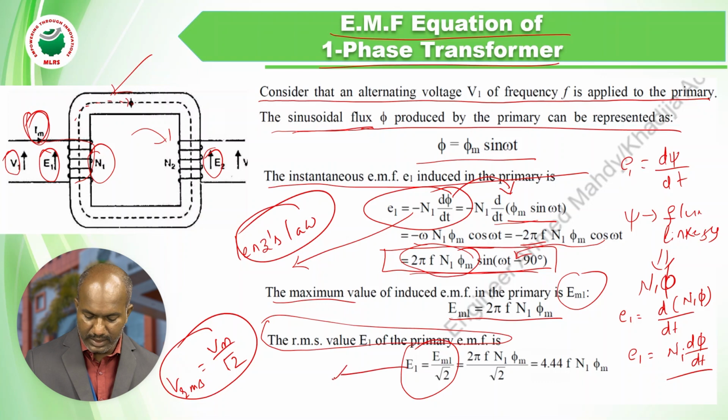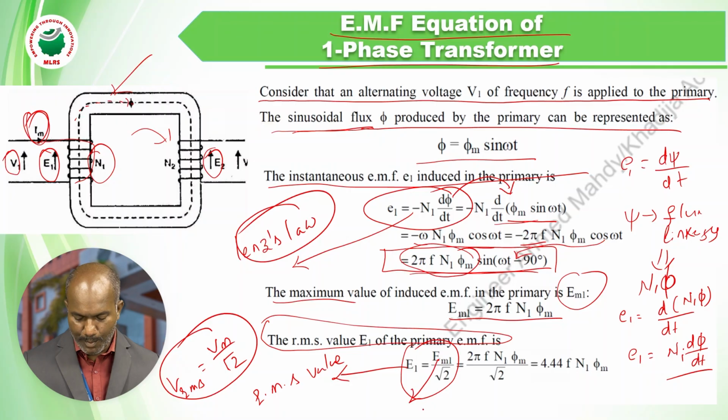Here E1 is the RMS value and Em1 is the maximum value. So finally the expression becomes E1 is equal to 4.44 f into N1 into phi m.